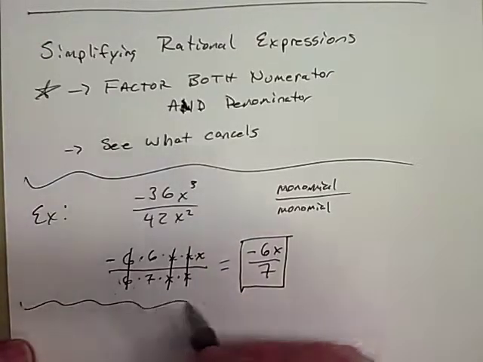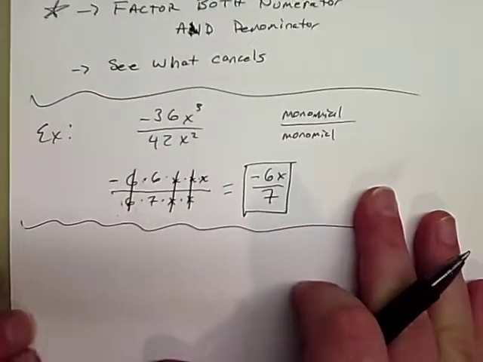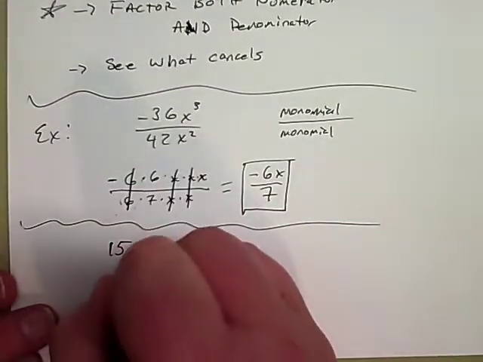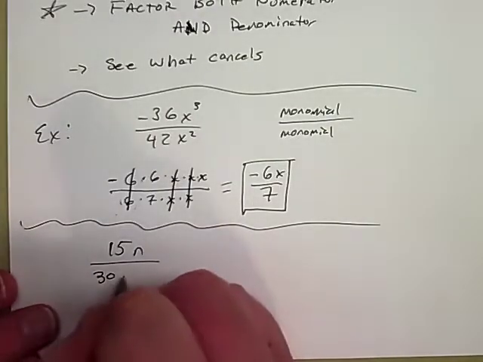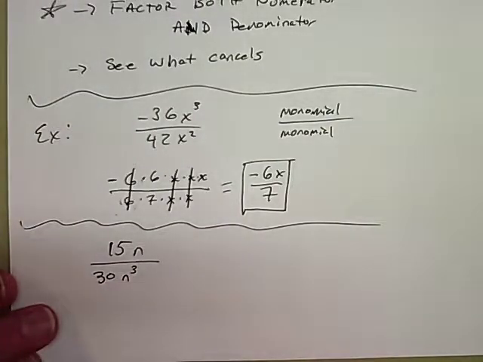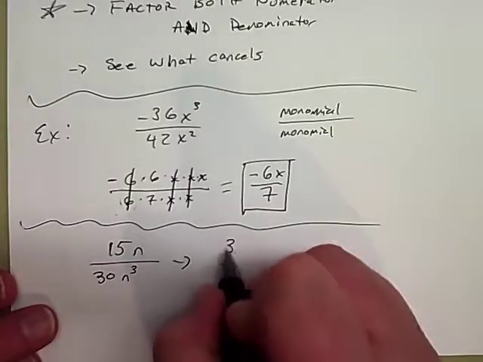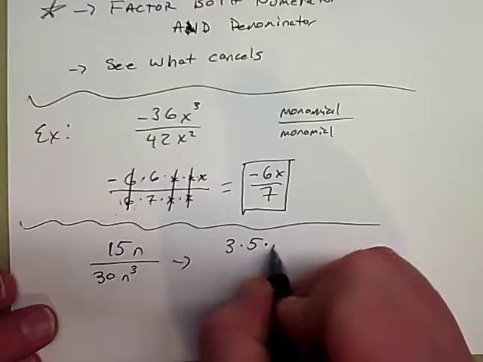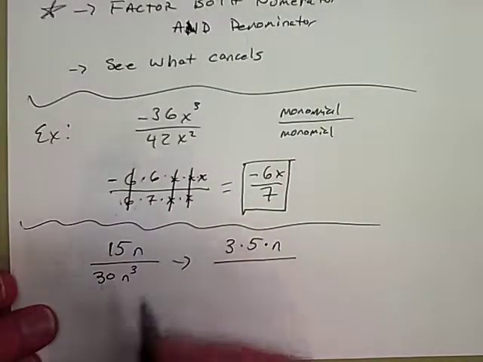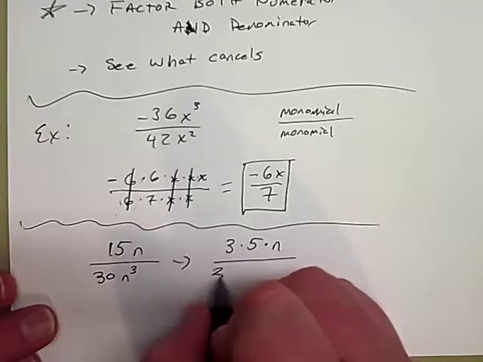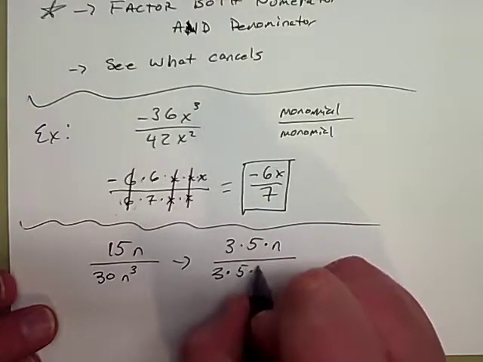Let's try one more of those monomial divided by monomial examples. What happens if we have 15n divided by 30n to the third? The numerator gives us 3 times 5 times n. In the denominator, 30 is 3 times 10, and really 10 is 5 times 2.